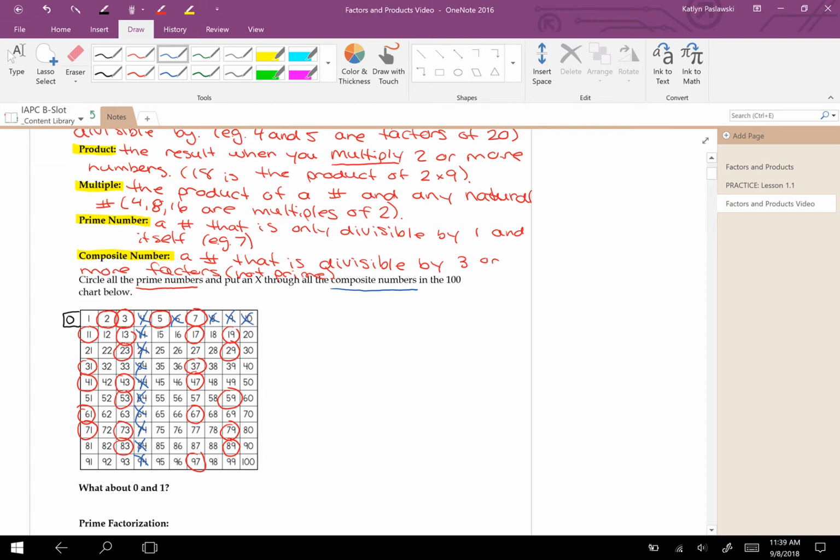So we know that all the even numbers are going to be composite numbers. All of the multiples of 5 are going to be composite numbers because they can all be divided by 5.